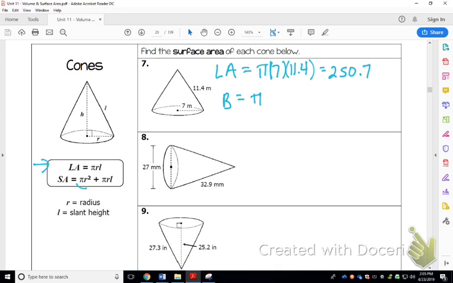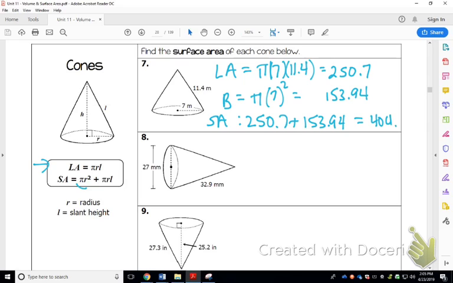Pi r squared, so pi 7 squared, so 49 pi. 153.94. And then add them up. So approximately 404.64 meters squared.